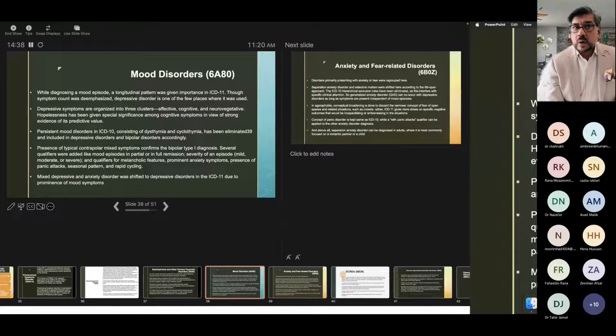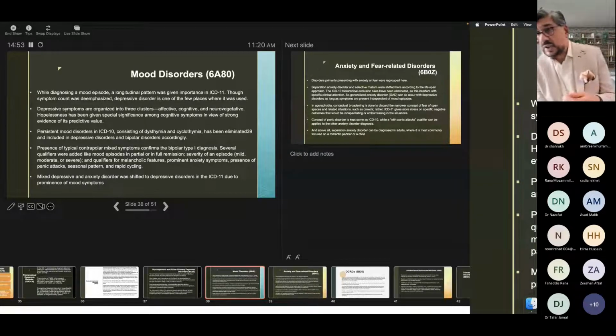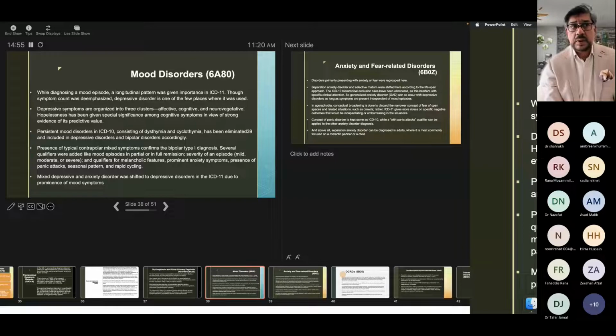Presence of typical contrapolar mixed symptoms confirms the bipolar 1 diagnosis. Several qualifiers are added, like mood episodes in partial or full remission, severity of an episode, and qualifiers of melancholic features, prominent anxiety symptoms, presence of panic attacks, seasonal pattern, and rapid cycling.